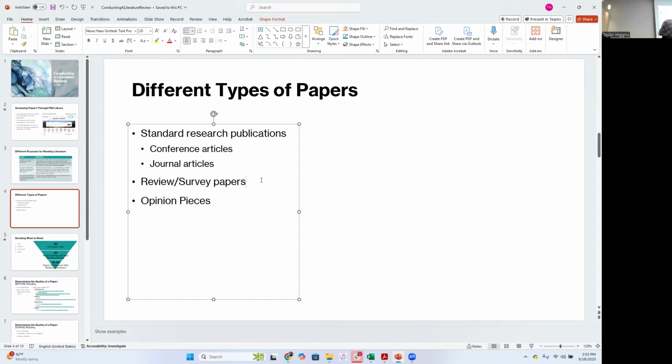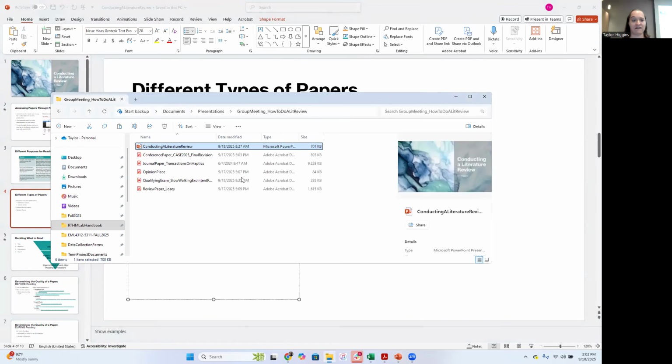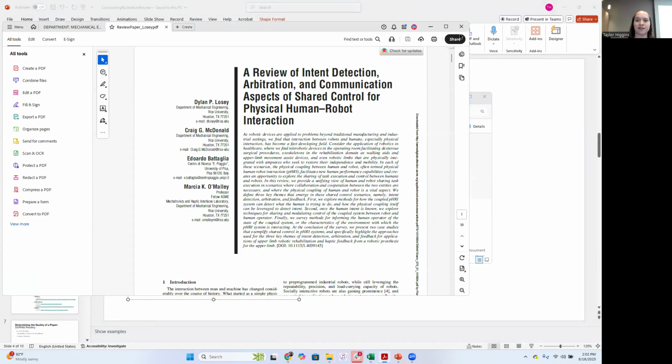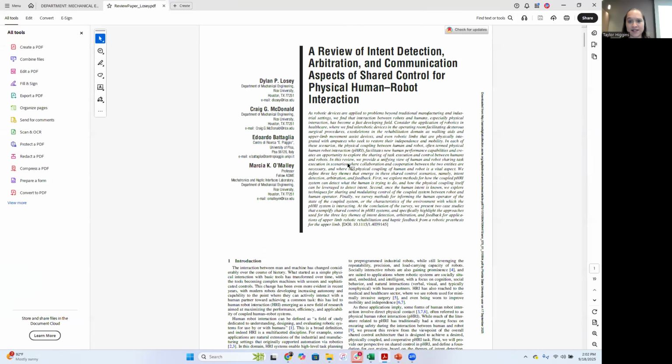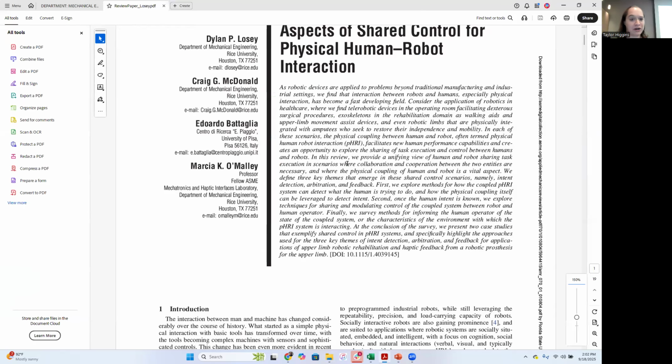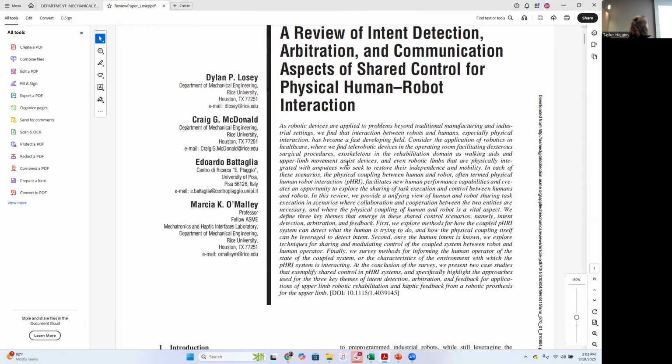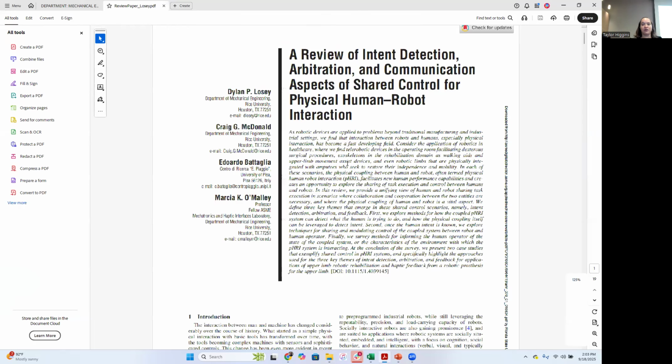Okay, so a review paper, actually, let's look at one. I have an example of each one of these. One of my favorite review papers, one of the papers I referred to a lot in my PhD, talks about a review of intent detection, arbitration, and communication aspects of shared control for physical human-robot interaction.